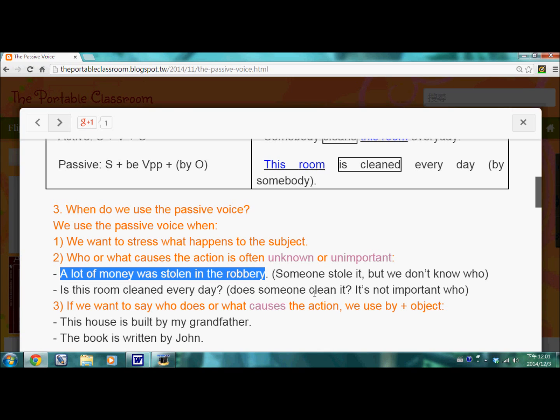Does someone clean it? It is not important who. What's important to me is, is this room cleaned every day? So I want to know what happens to the room. Who cleans the room is not important. So who or what causes the action is often unknown, 不知道, or unimportant, 不重要.